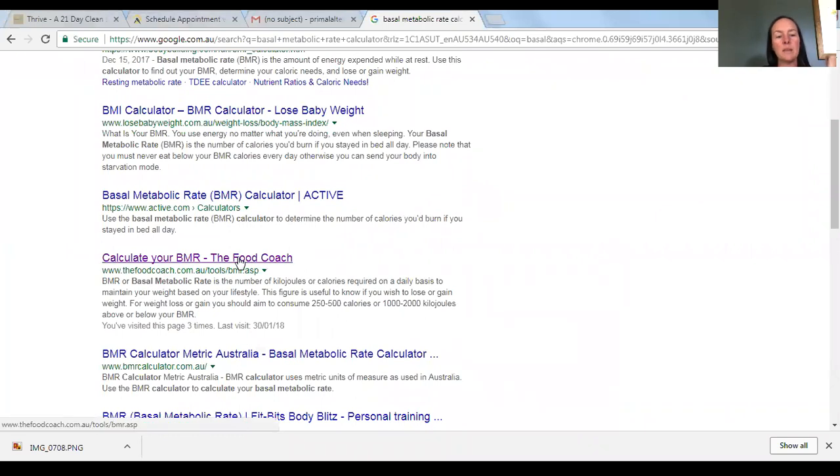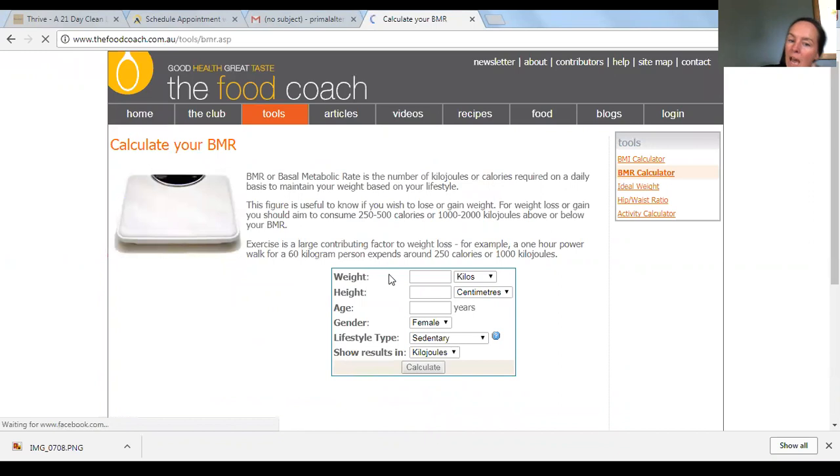I like this one by the food coach, so I'm going to click on her. And I'm going to convert my weight into pounds because that doesn't seem as bad as kilos. No, I'm joking. We're going to use pounds later to calculate how much protein we're going to need. So it's really easy, just use Google again.